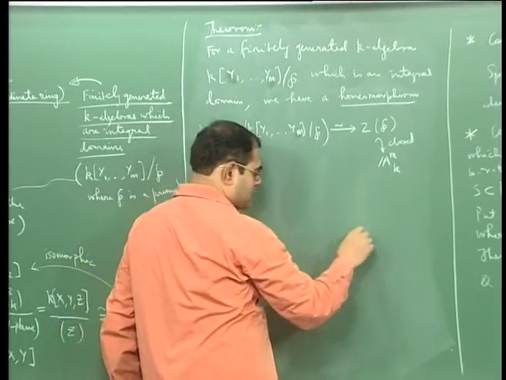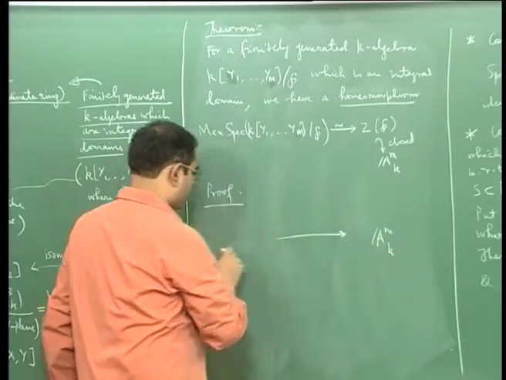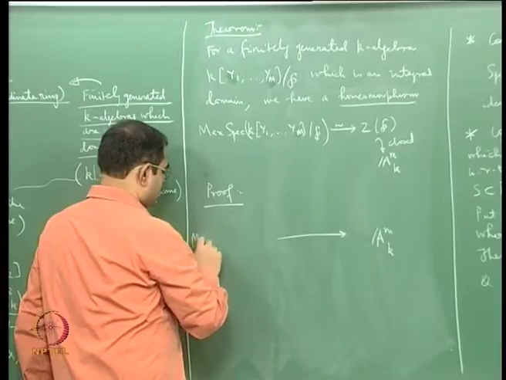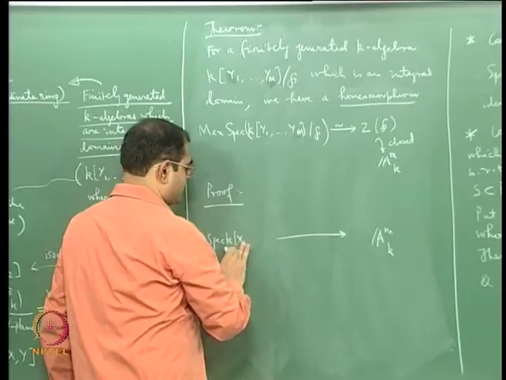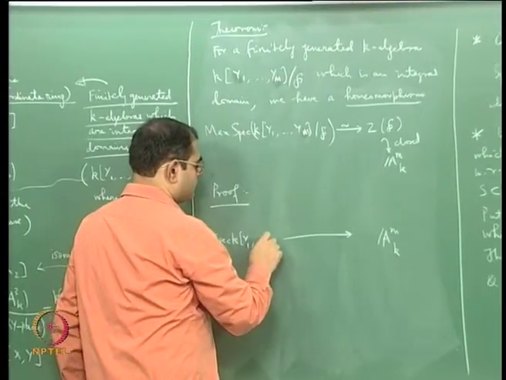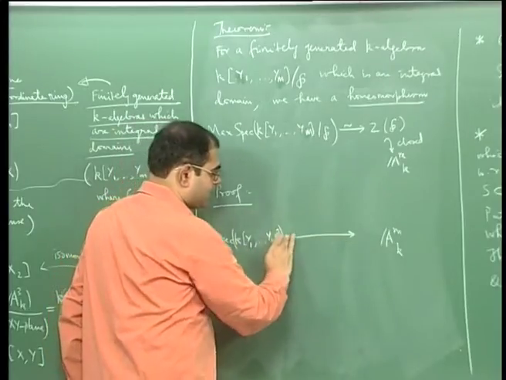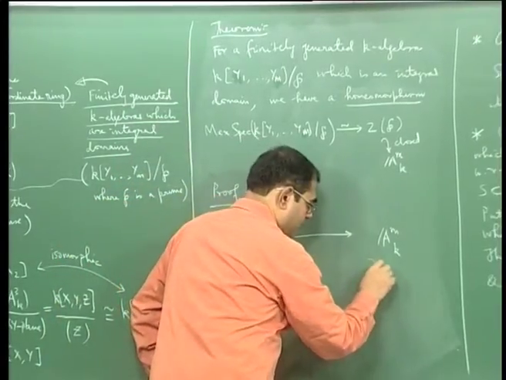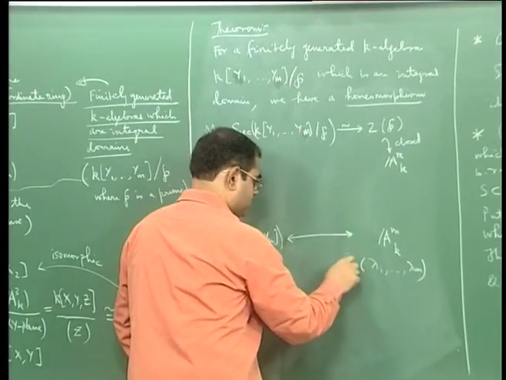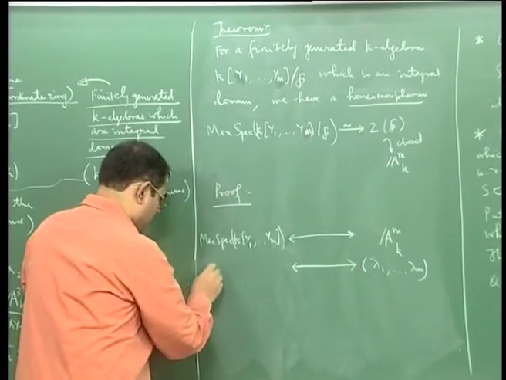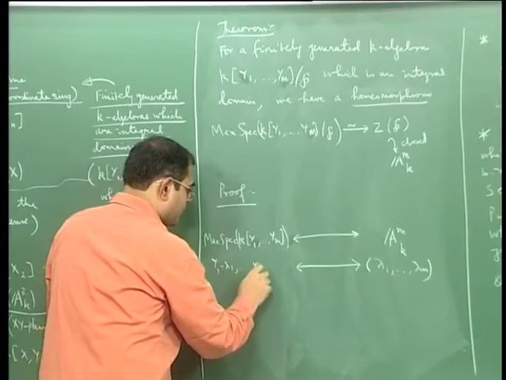So this is the Nullstellensatz from AM to max spec K[y1, ..., ym]. There is a map like this which is given by: give me a point lambda 1, ..., lambda m, that corresponds to the ideal (y1 minus lambda 1, ..., ym minus lambda m).